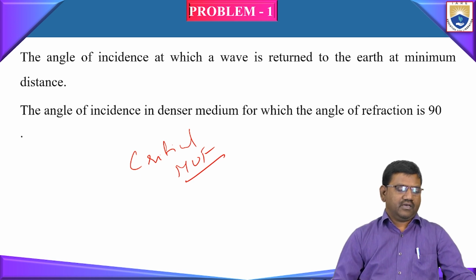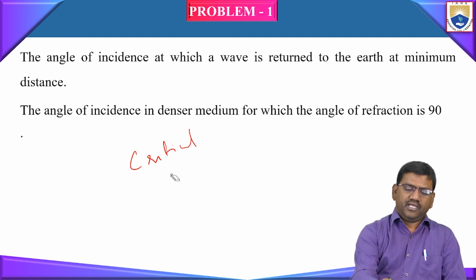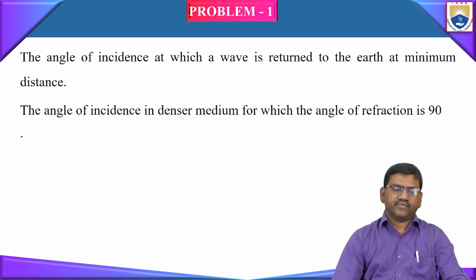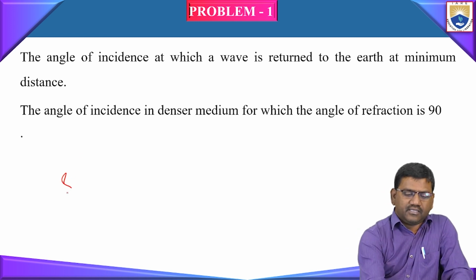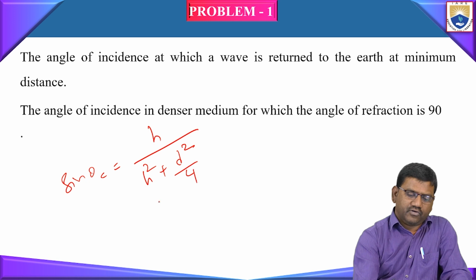There is a formula to find out the critical angle. It depends upon the height of the ionospheric region. Here, sin theta c is equal to h by (h square plus d square by 4) whole power half.